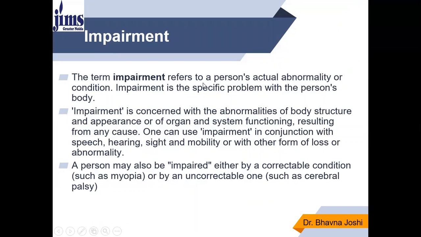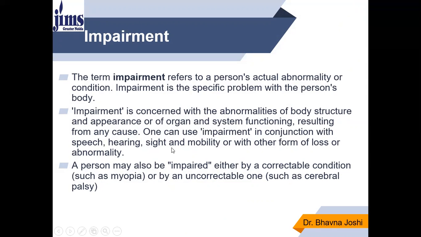The term impairment refers to a person's actual abnormality or condition. Impairment is the specific problem with the person's body. Whenever we use the word impairment, we are talking about a person's actual abnormality. There is some abnormality in the body structure, in the appearance of an organ, or in system functioning. So we use impairment if there is some abnormality with speech, hearing, sight, mobility, or any other form or loss.